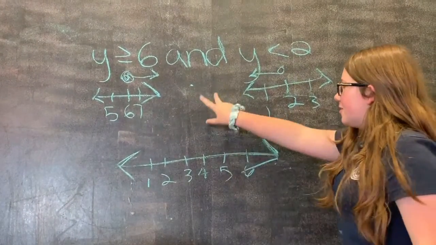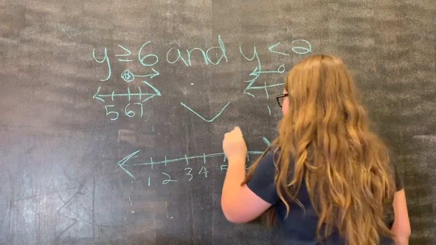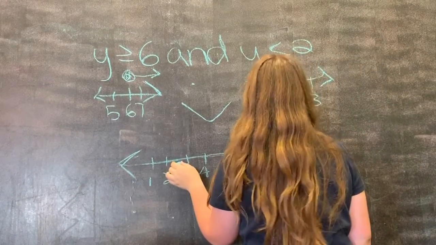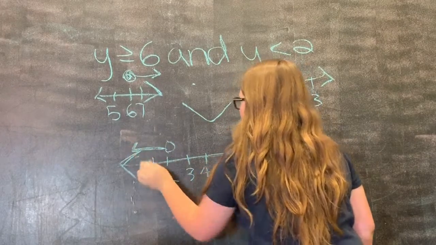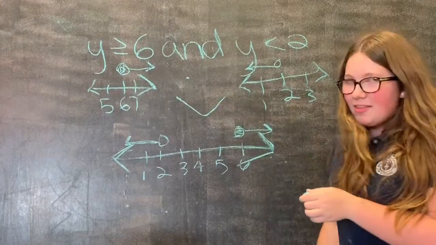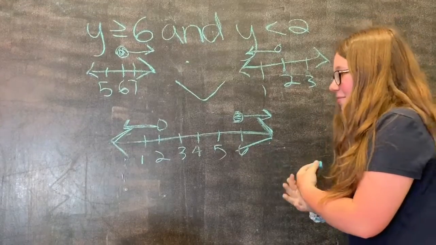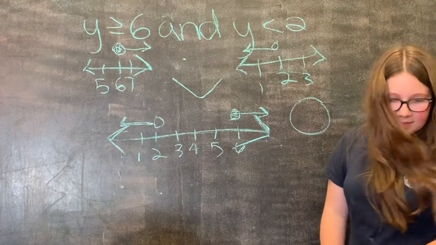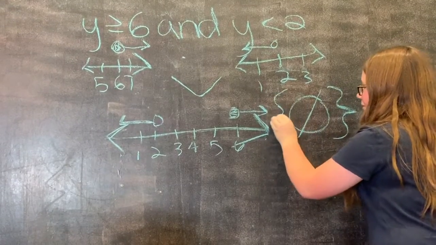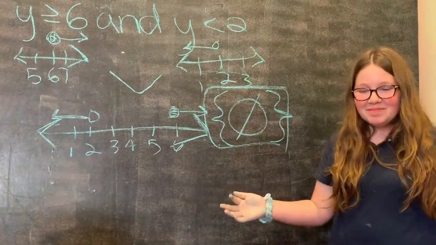But since it has to satisfy both of these, and if you combine them together, they don't satisfy either of these equations. If you combine them together, that leads to a no solution problem.